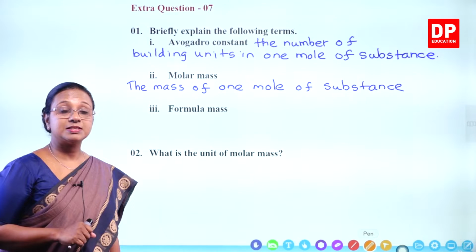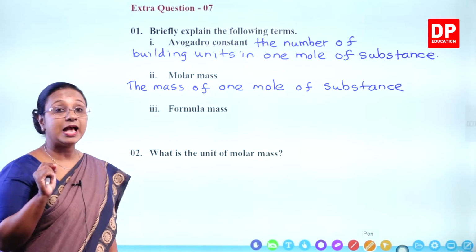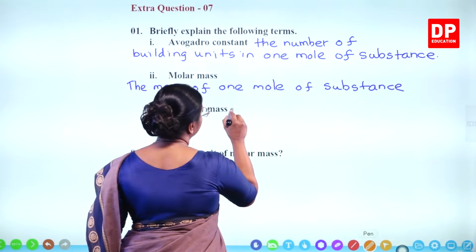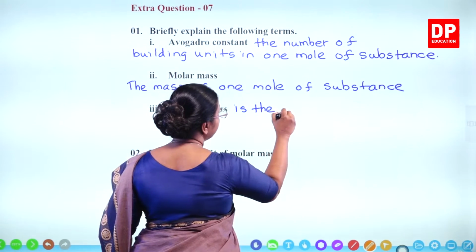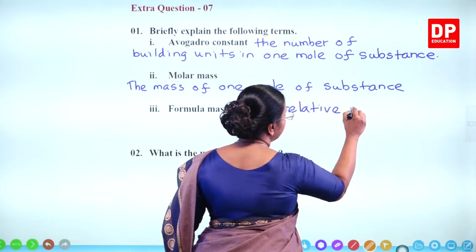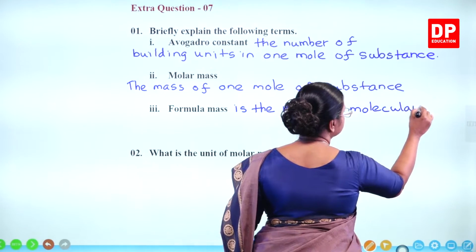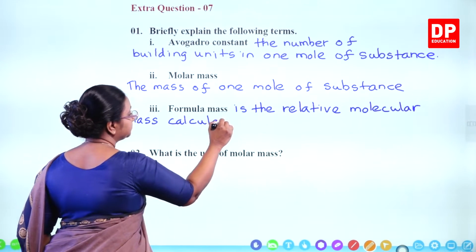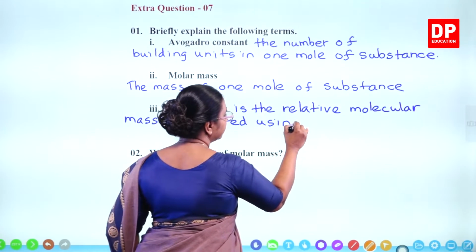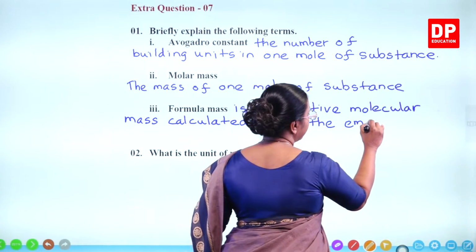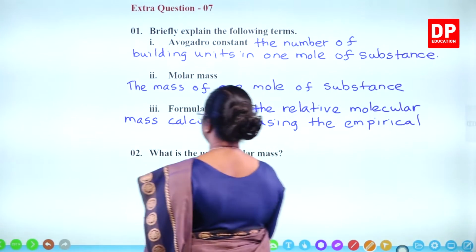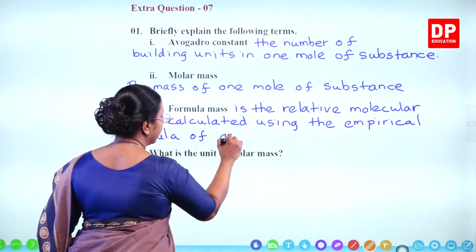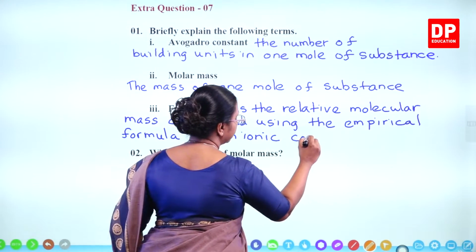What is formula mass? The relative molecular mass calculated using the empirical formula of an ionic compound.